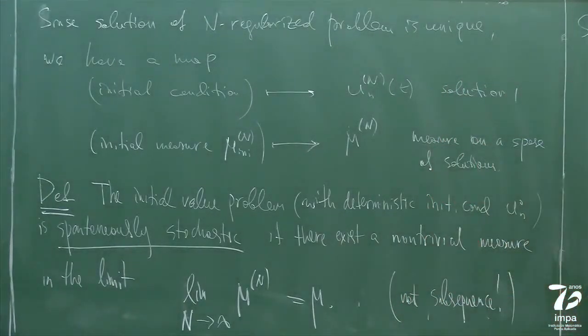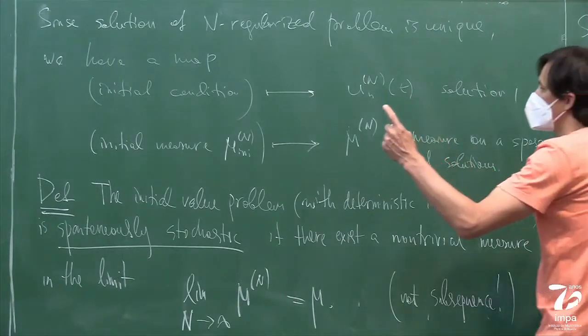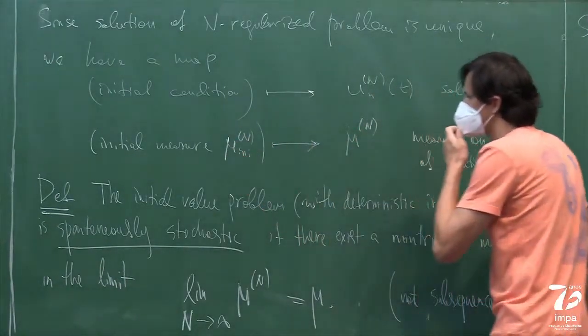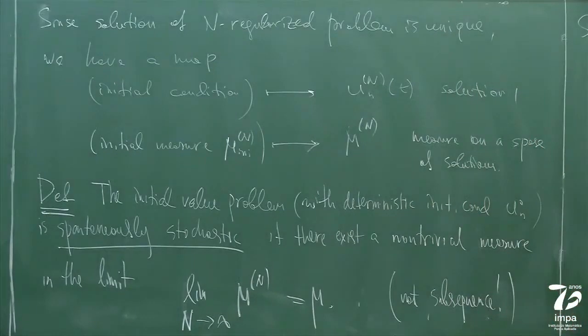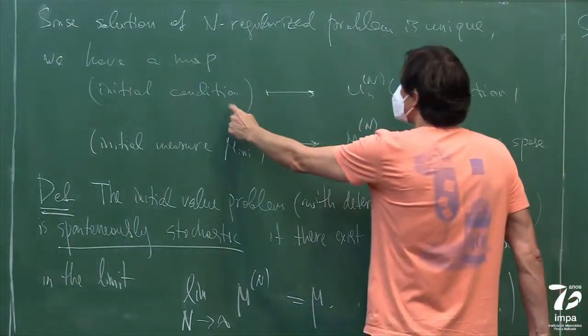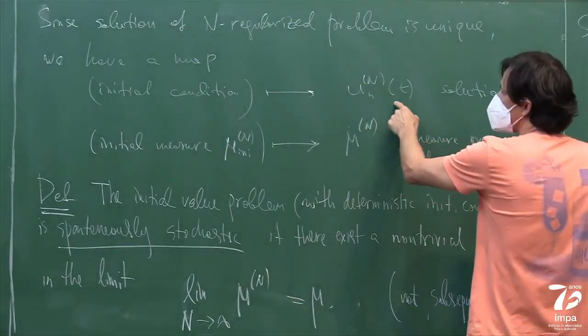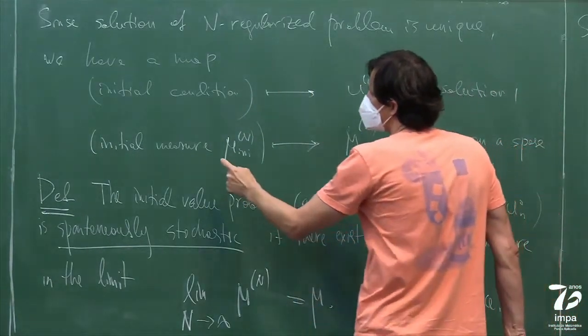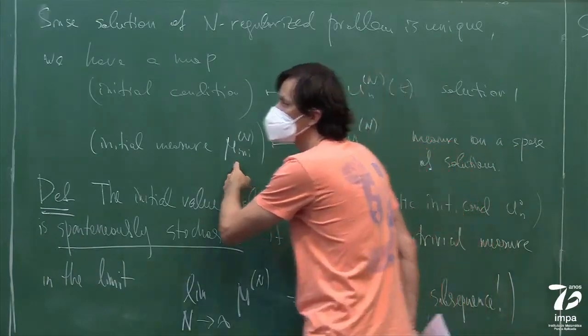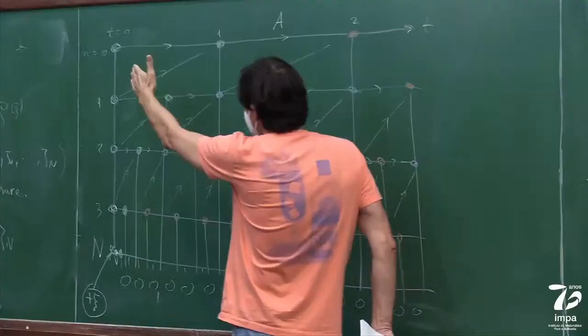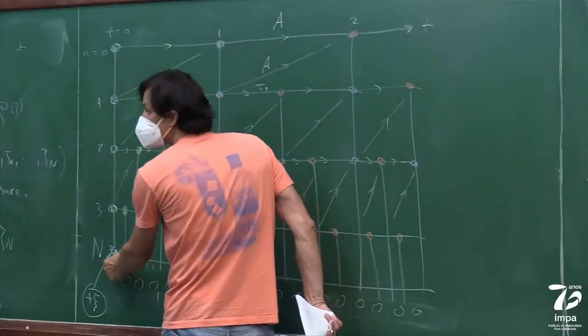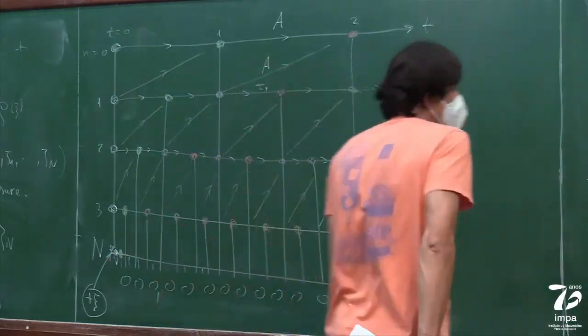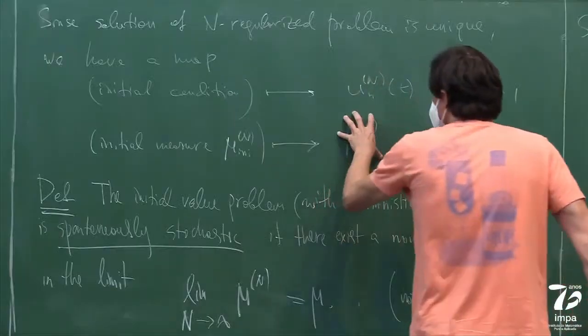So what does this construction give? We have an initial condition. For each initial condition, we get the solution. For the initial condition given by this measure, which is just our initial condition but with small uncertainty, it gives us the measure of the solutions.